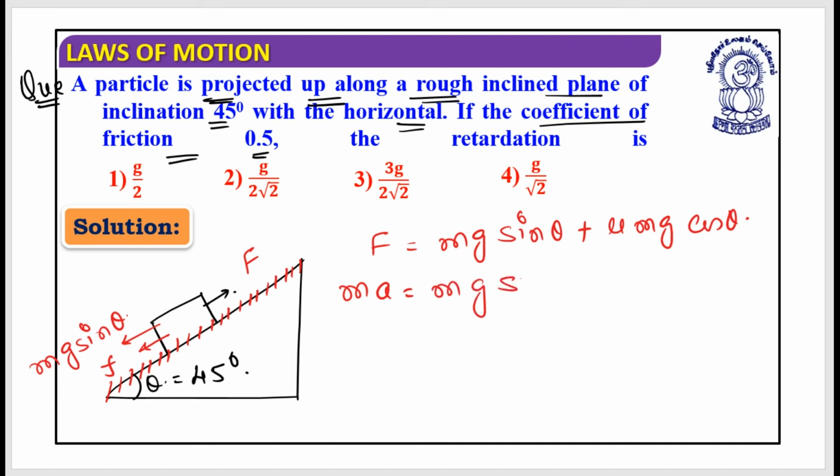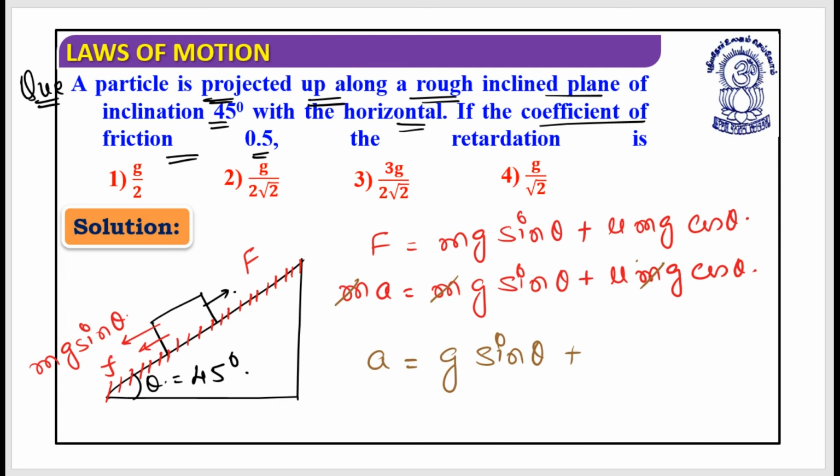So m into a equals mg sine theta plus mu into m into g into cos theta. This m has gone, and a should be equal to g sine theta plus mu g cos theta.